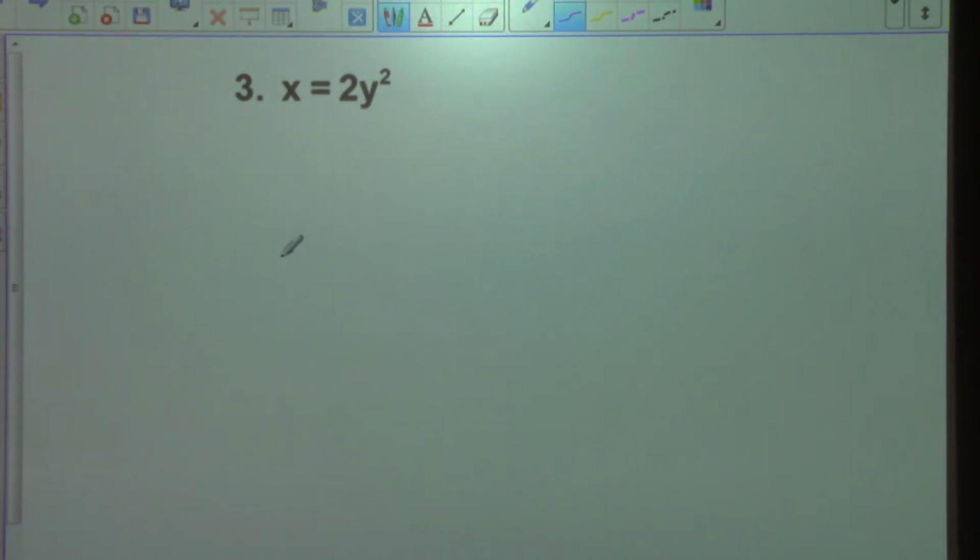Can you graph this in a calculator? Not like that. We need to convert it to y equals. How do we do that? Divide by 2 and then square root. Order of operations: square root and then divide by 2.